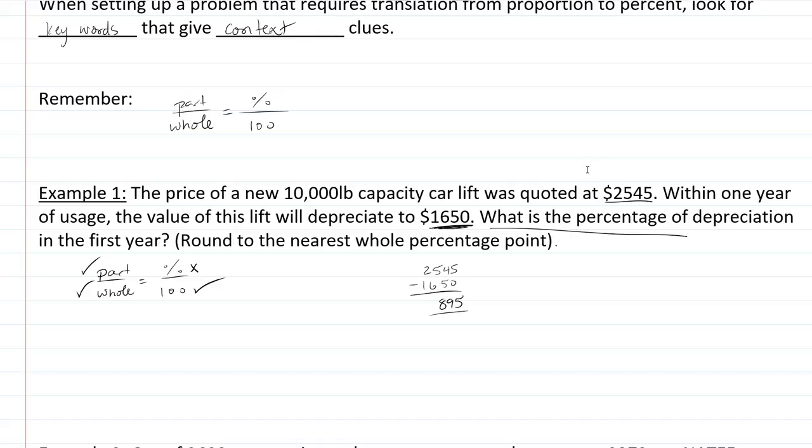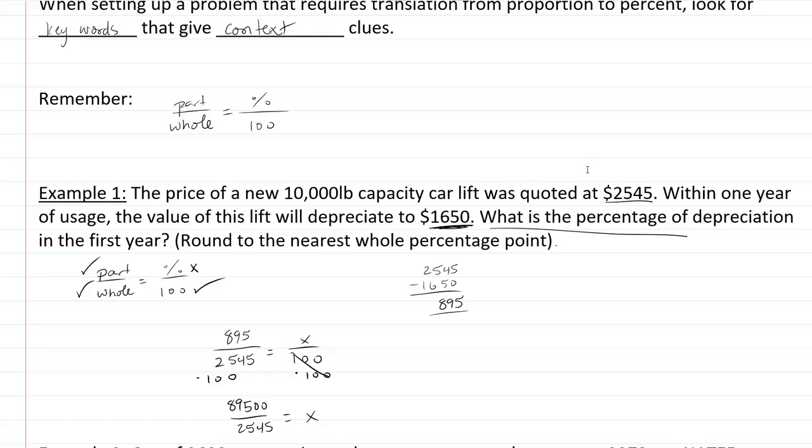So when we set up our problem, we have $895 over $2,545 equals X over 100. In solving this problem, we can multiply both sides by 100. We get 89500 over 2545 equals X, because the 100s cancel.